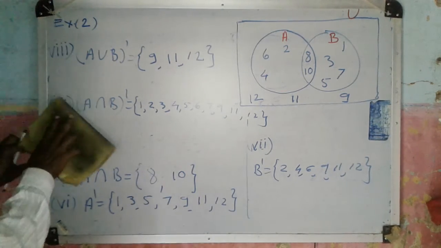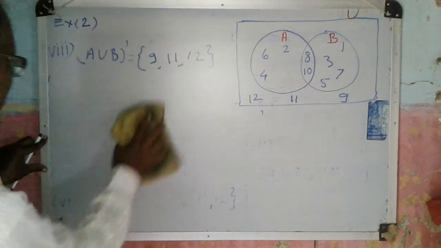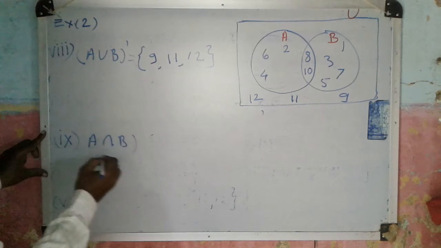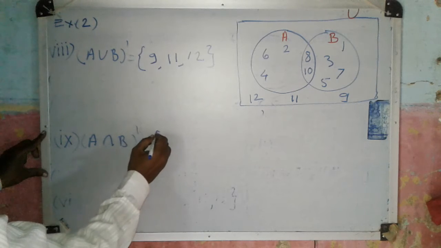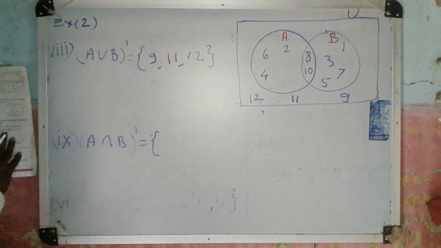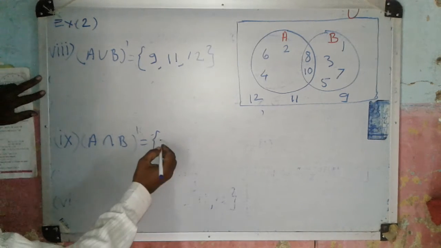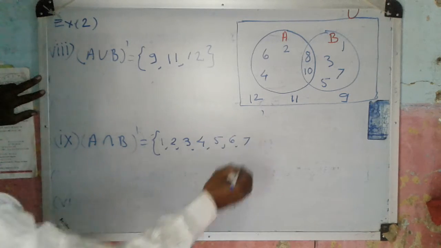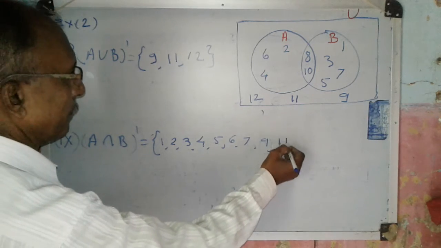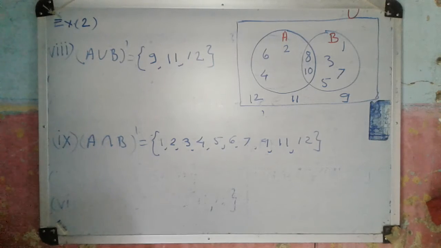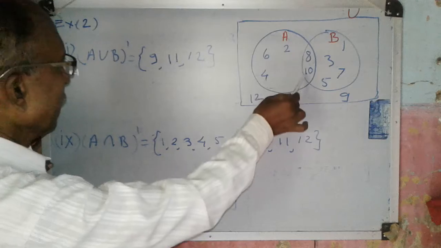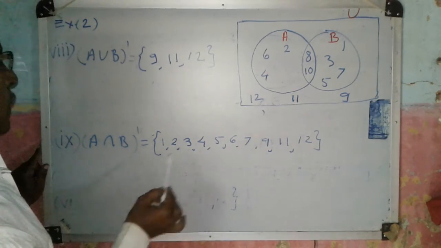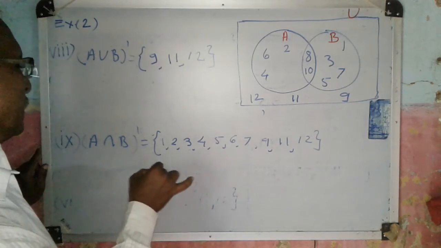We will write again the complement of A intersection B. That means 8 and 10, these two elements are in the intersection of A and B. So these elements are not in the complement of the intersection, but these elements are in the universal set.